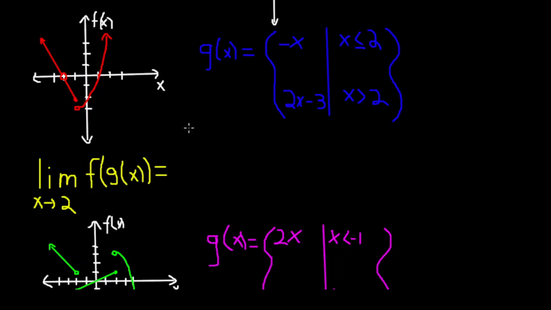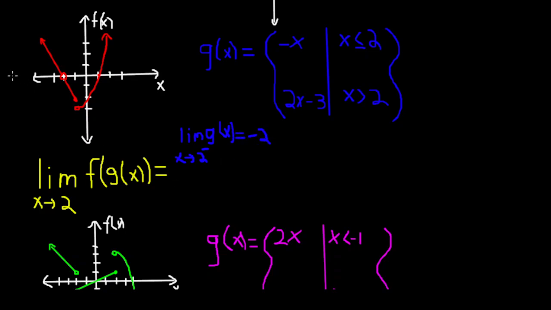First off, I'm going to try and find the limit of g of x as x approaches 2. And it's discontinuous, so I'm going to check each side individually. The limit of g of x as x approaches 2 from the left is going to be this part. We plug in 2 and we get negative 2.